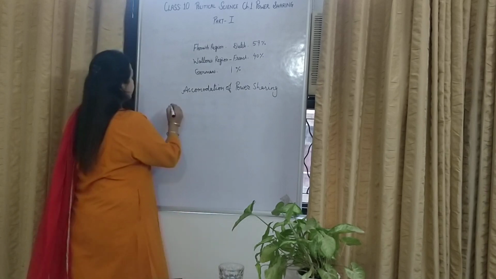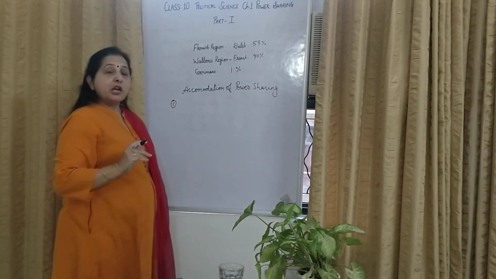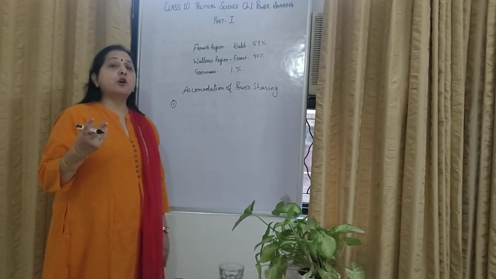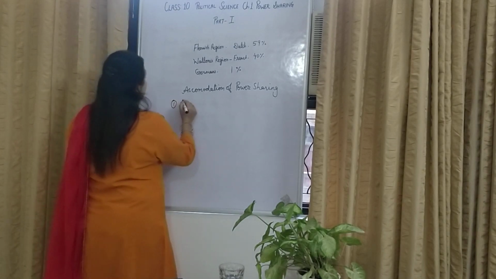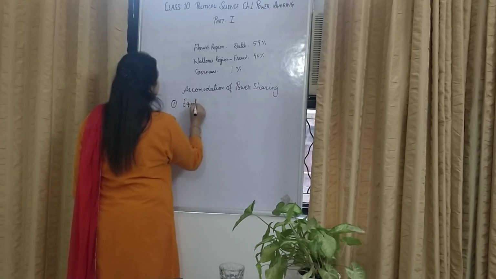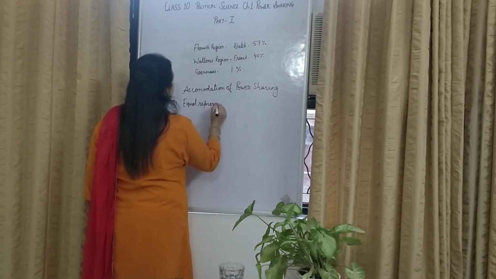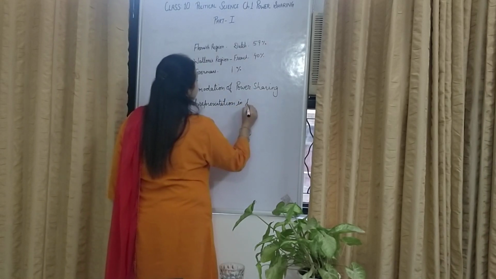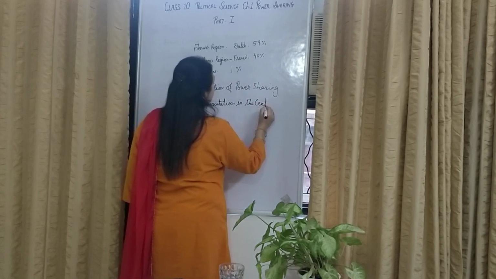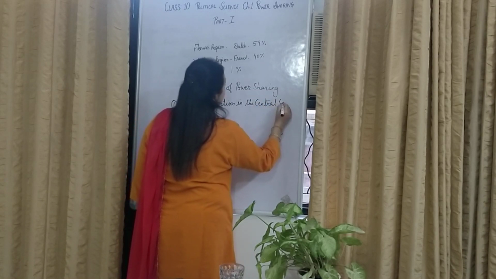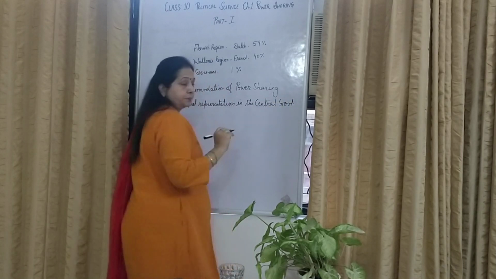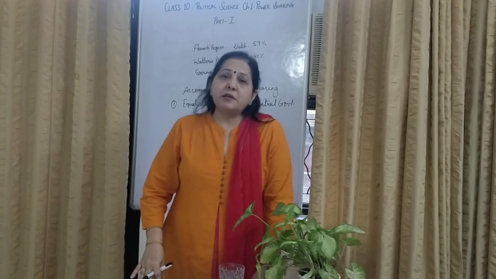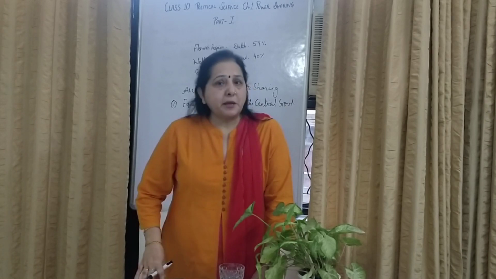First, they gave equal representation to the two main communities in the central government. It means 50% of seats for French speaking people and 50% of seats for Dutch speaking people.